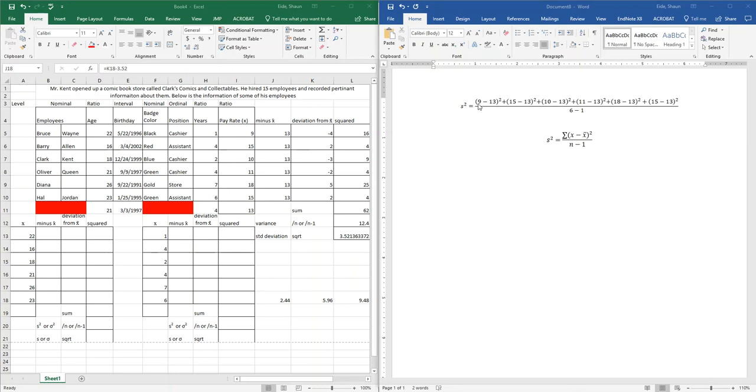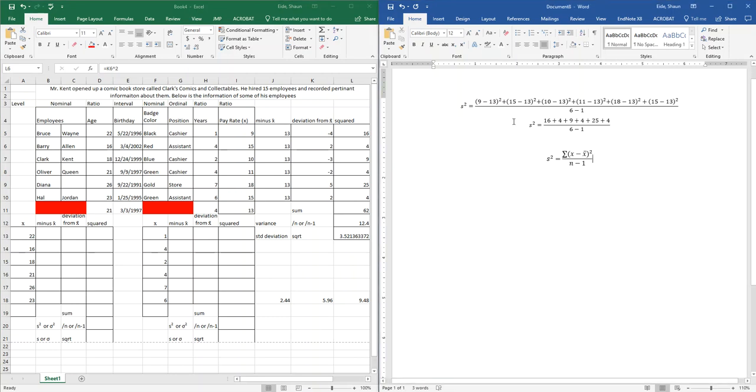So we have right here 9 minus 13, which gives us -4, and then we square that, which gives us 16. 15 minus 13 gives us 2 squared, 4, and so on.